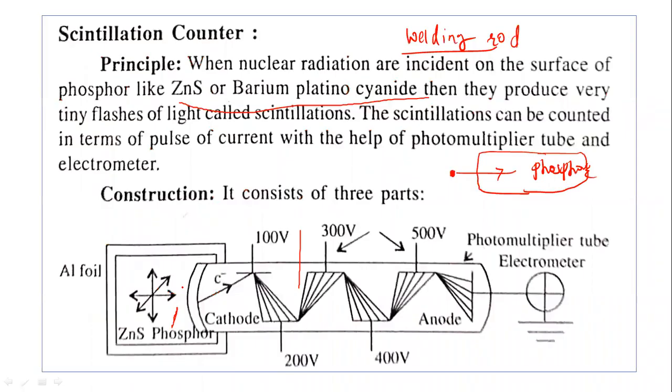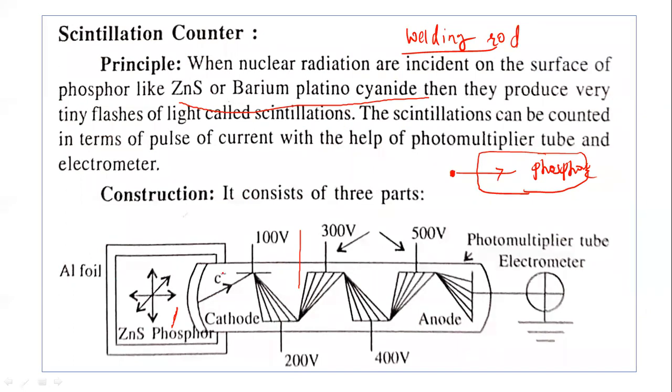So when nuclear radiations are incident on the surface of the phosphor, like zinc sulfide or barium platinocyanide, they produce scintillations, that is, teeny flashes of light. These scintillations can be counted in terms of pulses of current with the help of the photomultiplier tube and electrometer. So this is the principle involved in the scintillation counter.